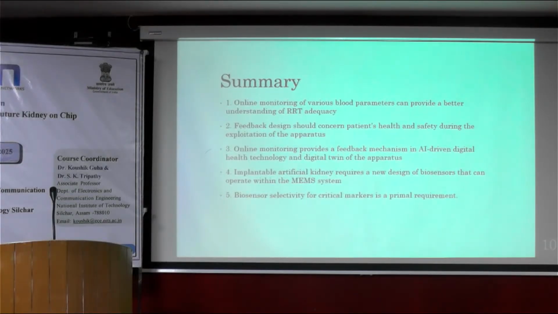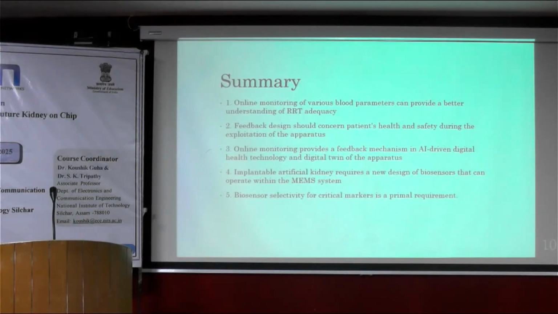So we need to evaluate if it's just the heart rate that changes the ultrafiltration flow in the microfluidic system, or there can be some internal issues within the microfluidic system that does not provide the same glomerular filtration rate or the ultrafiltration flow that we're supposed to provide in that system.